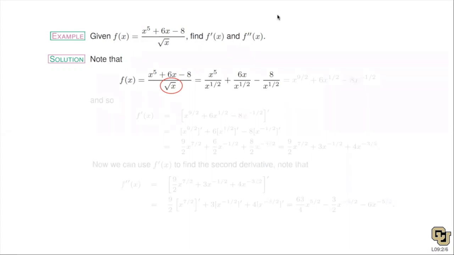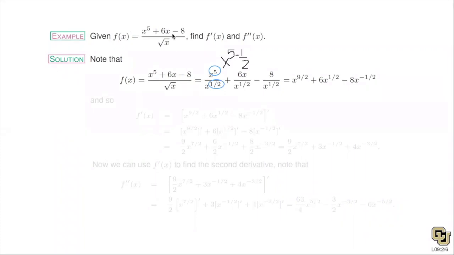Now, if we do some algebraic simplification, for example this exponent, here we would subtract the exponents. So here I would have x raised to the 5 minus 1/2. 5 is 10 over 2. 10 over 2 minus 1 over 2 is 9 over 2.